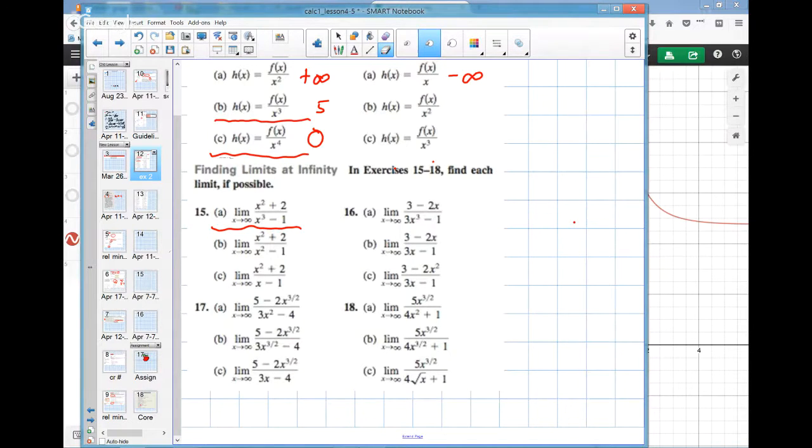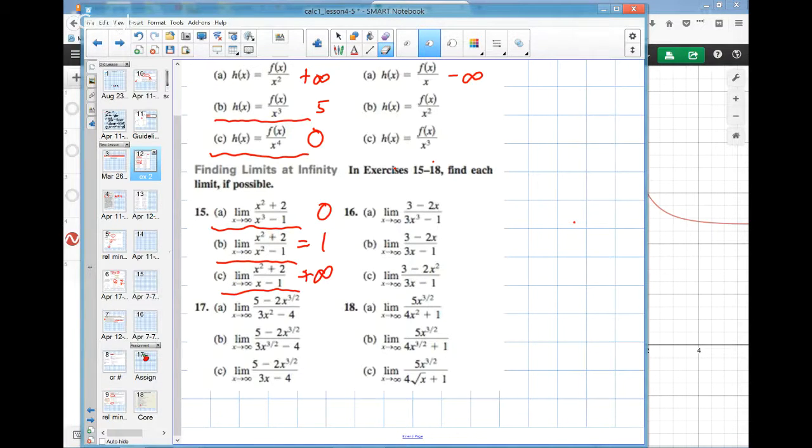How about this one? Part 15b. They're tied, so it's got to approach the ratio of the leading coefficients, 1 to 1, 1. How about this one? The top wins, x squared to x on the bottom, so that's got to approach positive infinity.